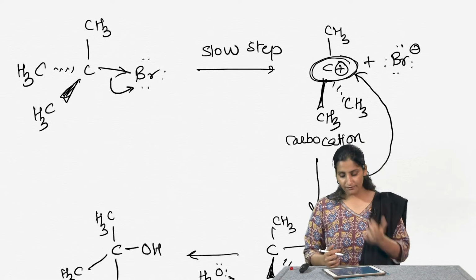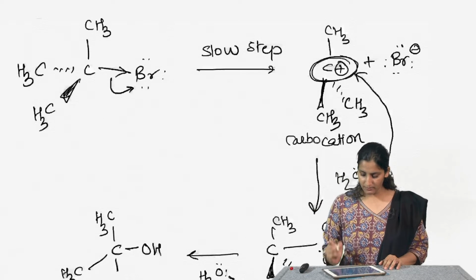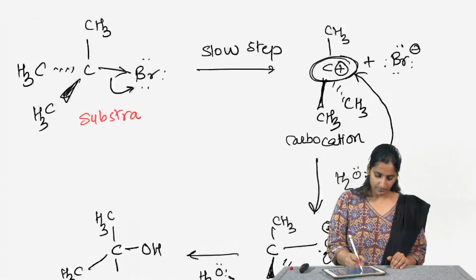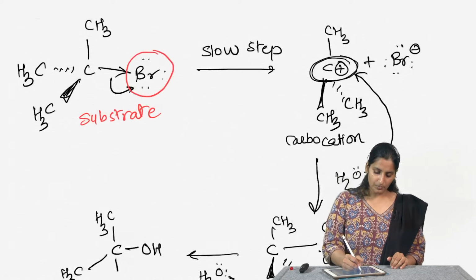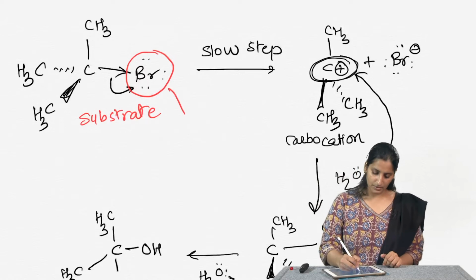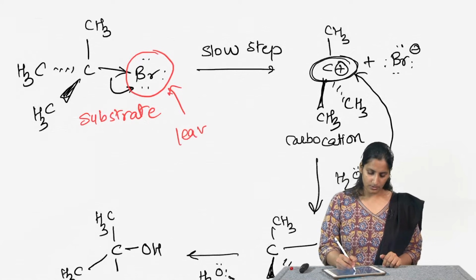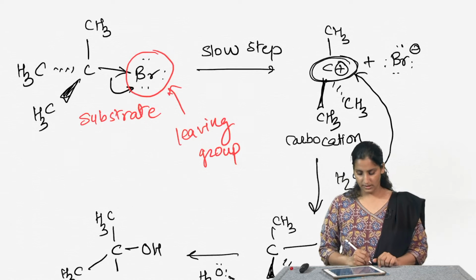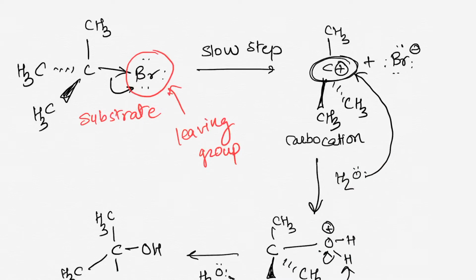So, if I really have to look at the terminology, this is my substrate. Bromine here acts as a leaving group. So, it is what leaves in the beginning. So, it is going to be the leaving group of the reaction. Water is going to attack as the nucleophile because it attacks a carbocation.